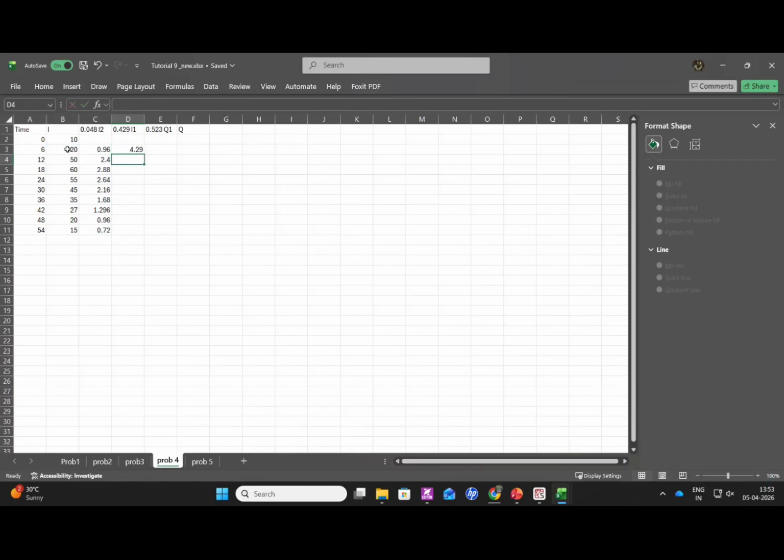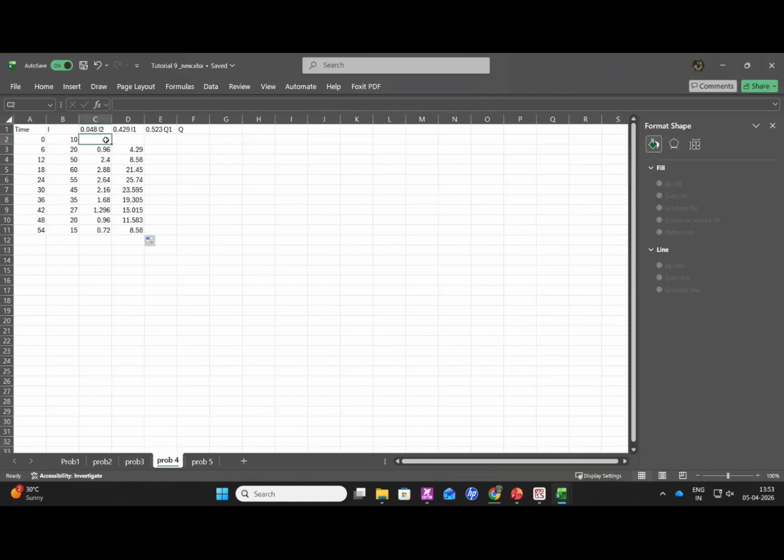So if this is I1, this is going to be your I2. Then your value of Q1 is going to be, I think we were given the value of Q. Yeah, so the value of Q is, you can start here.